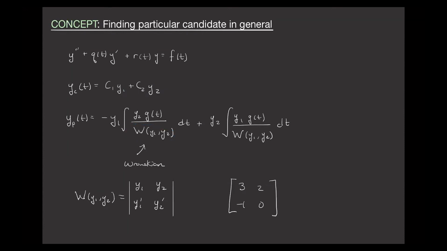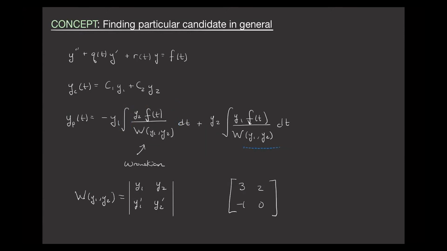Okay, that's a determinant like we just did. And this says g of t, but really I mean f of t. But then you're just combining these expressions all in terms of t, and you're finding the antiderivatives. So it's just a matter of, can you find the antiderivatives of these expressions?